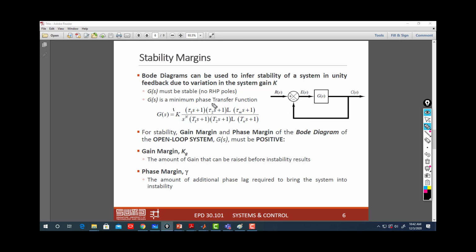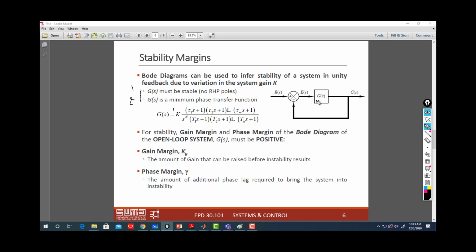So to draw the Bode plot, the Bode diagram can be used to infer stability for a system in unity feedback due to the variation in the system gain K if these two conditions are met. I should have two conditions in addition to the feedback being unity. So maybe I give you a trick in the exam to check your understanding.